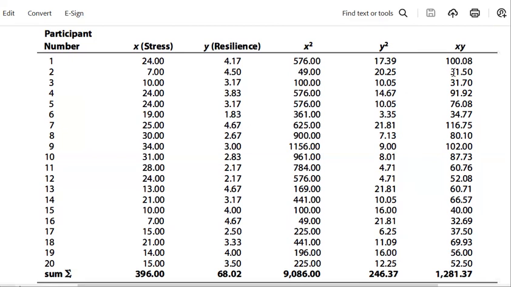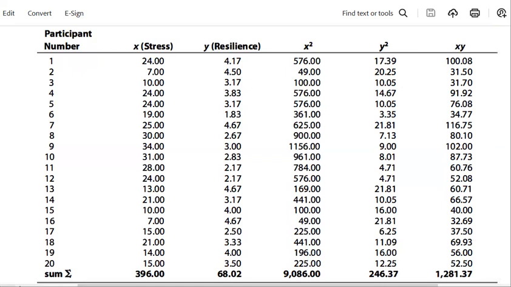Finally, we have a cross product column where we've multiplied every participant's stress value with every participant's resilience value. So 24 times 4.17 equals 100.08, and so forth and so on for every single participant.